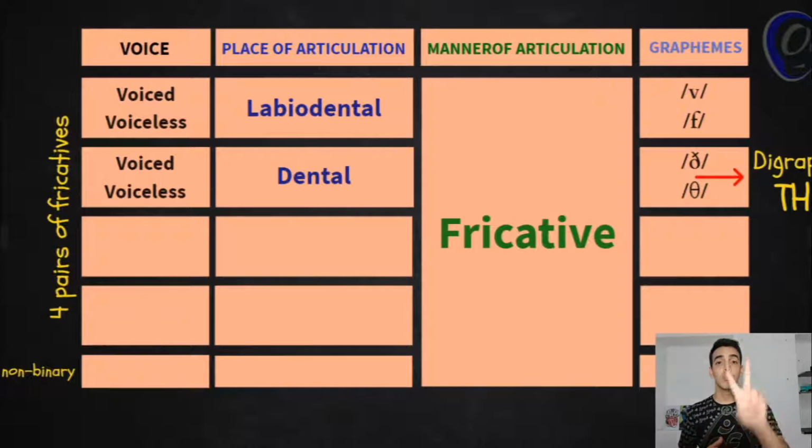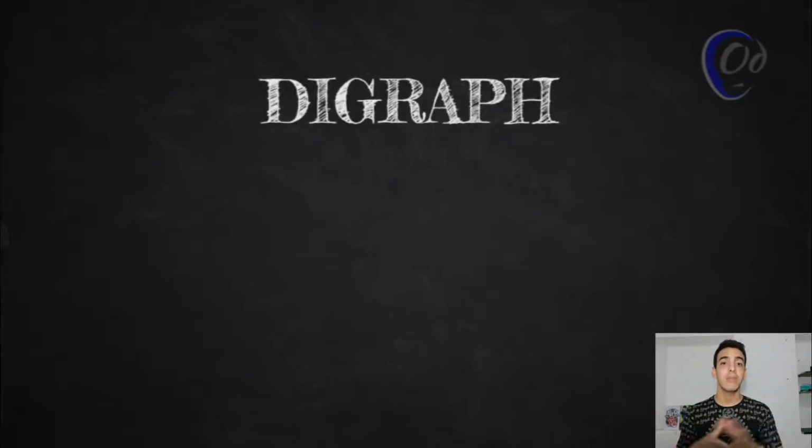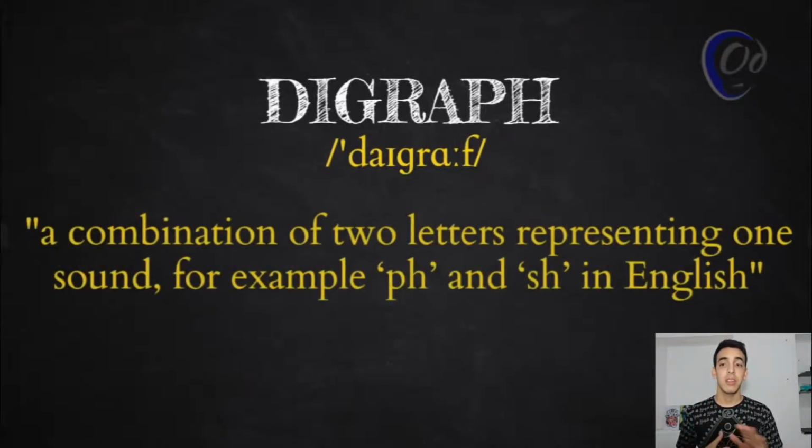Digraph means two graphemes, or two letters to one sound. Here we have a definition for a digraph from Oxford Learner's Dictionary: a combination of two letters representing one sound, for example PH for F and SH for sh in English.